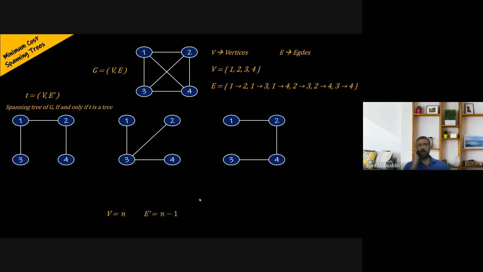There will be minimum n minus 1 edges, and this property is very useful. Why do we say n minus 1 edges? Because if all the vertices have to be connected, if the spanning tree has to be connected, then for n vertices we need n minus 1 edges. So this is one of the properties.